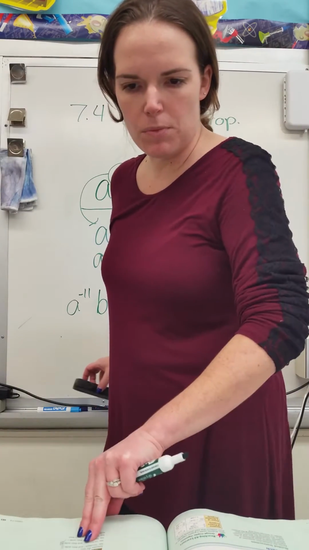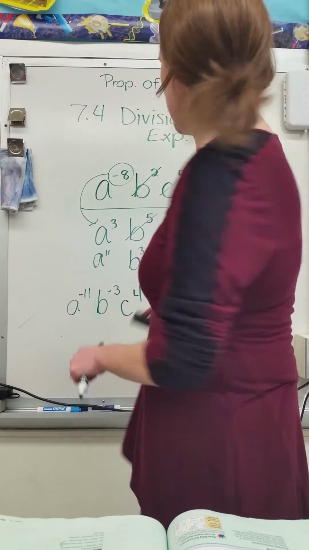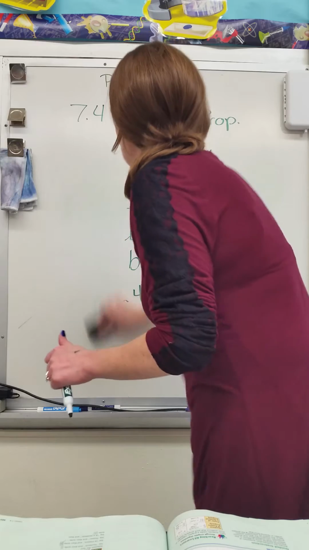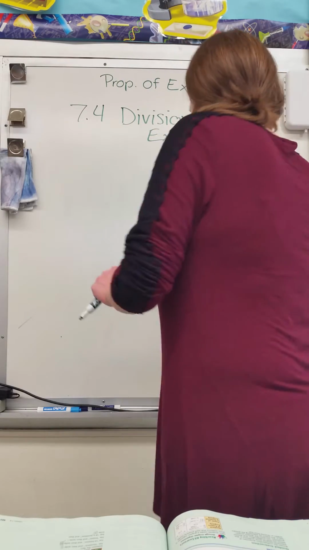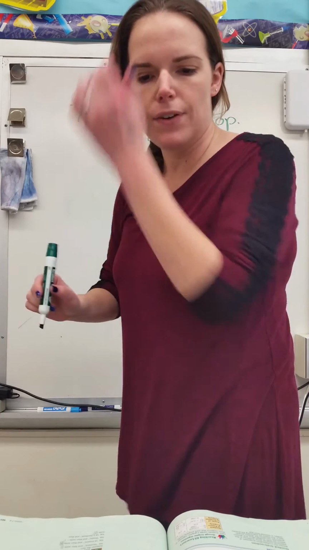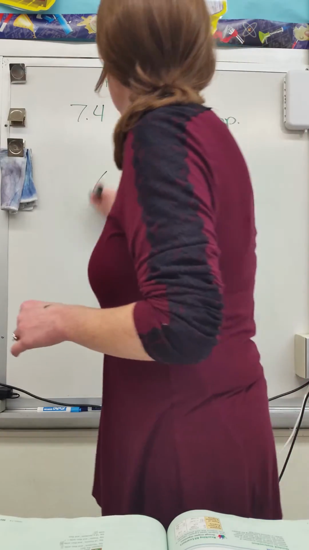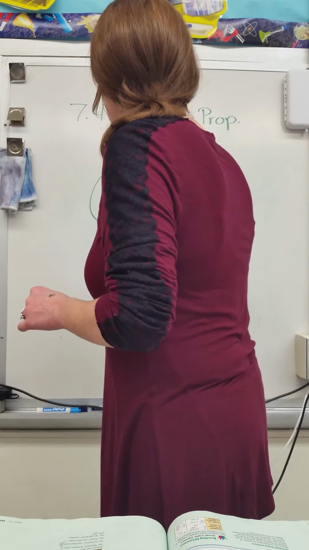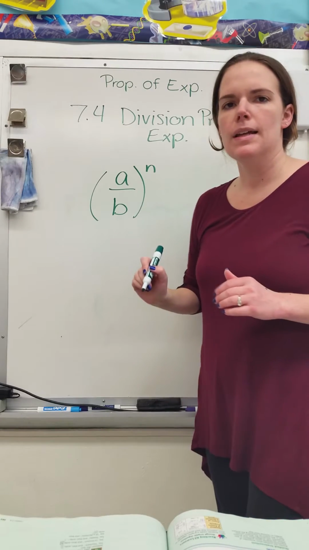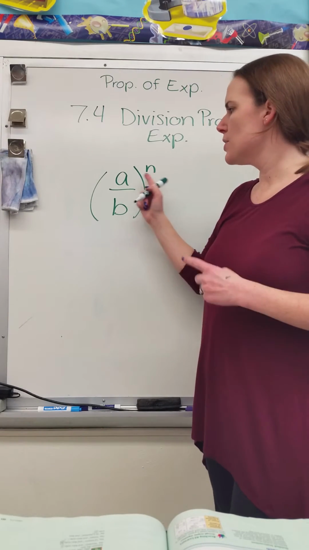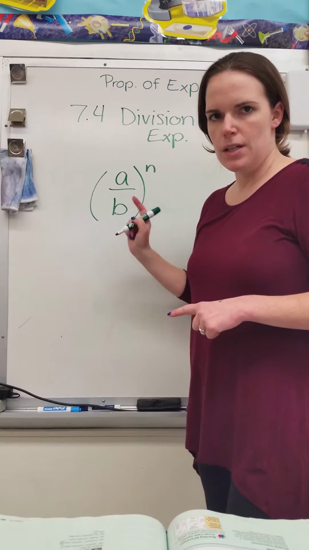I believe there's one more property they talk about in this section. Yeah, it's when you have something like a quotient, like say you have A over B to the n power. This exponent goes to the top and it goes to the bottom.